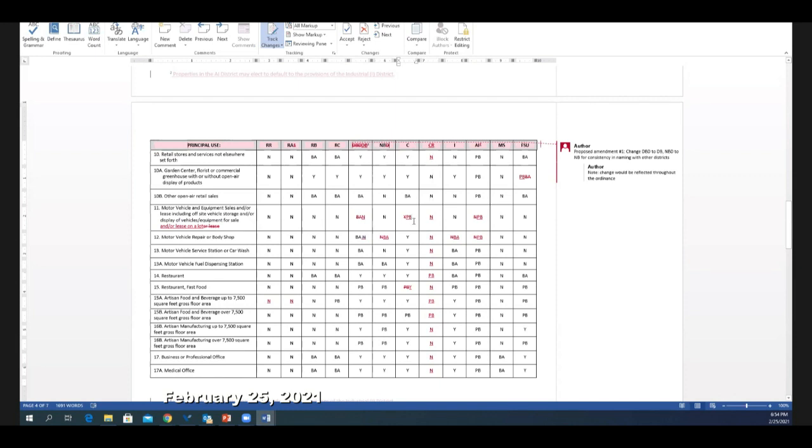That was not a planning board decision about switching it to planning board? I don't even know why it says PB, because everything's by BA for motor vehicle, except for the AI district, right? I will say that if we're going to allow motor vehicle sales in the city, the commercial district is where we would like to have them.